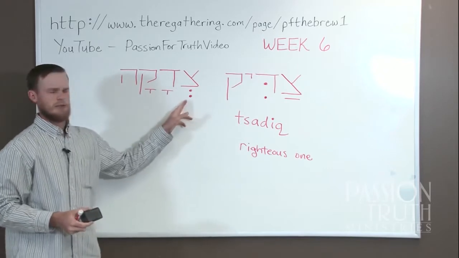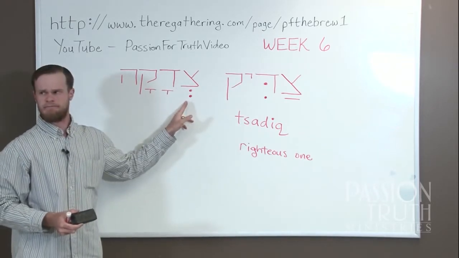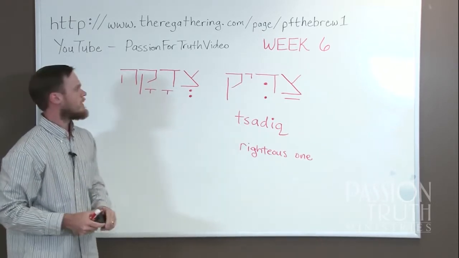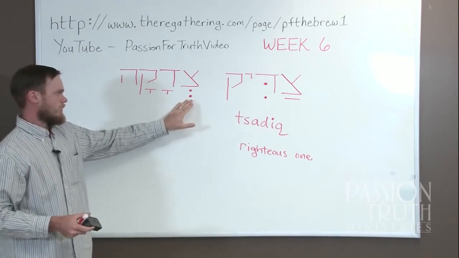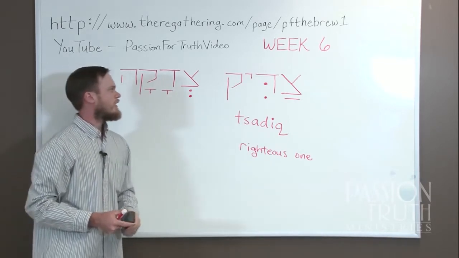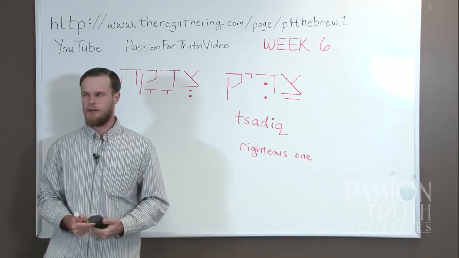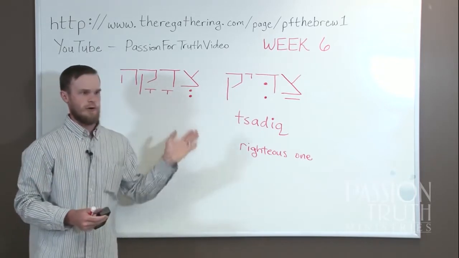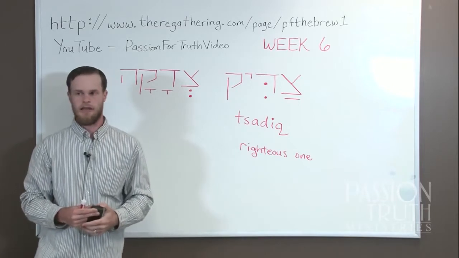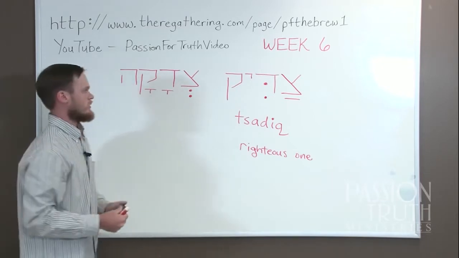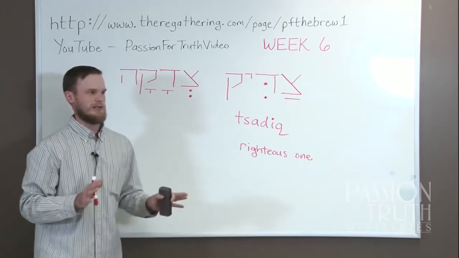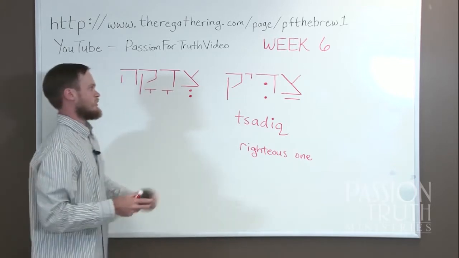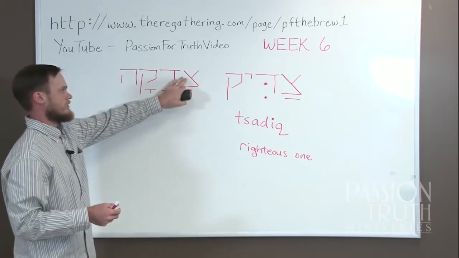I don't believe I've actually covered the shva vowel yet, have I? No. Okay, I think that's next week I've got the shva scheduled for. For purposes of this word, consider it to be silent, or just a very small, very slight E sound, sort of a little pause between the tzadi and the dalet.